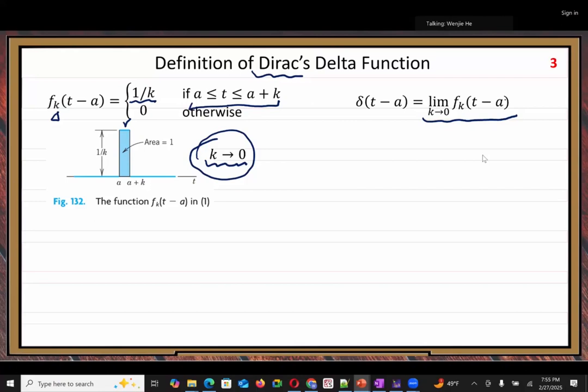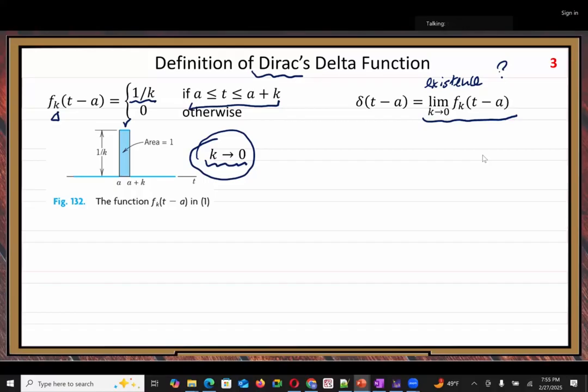So there is a big question mark here: the existence of this limit. Actually, it does not exist. Based on the limit definition, this limit of all these functions does not exist.